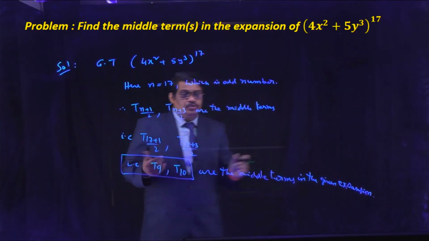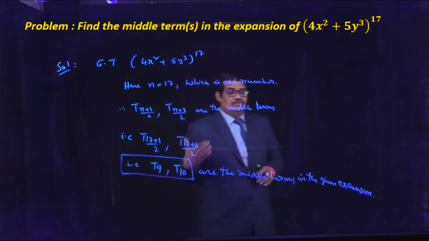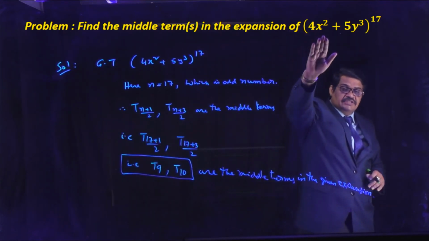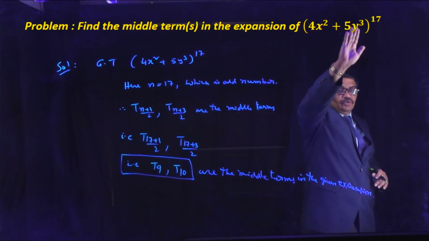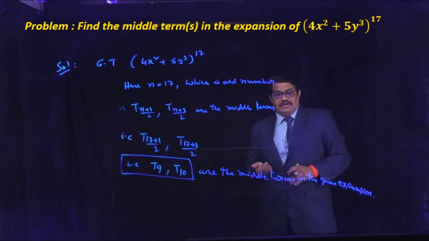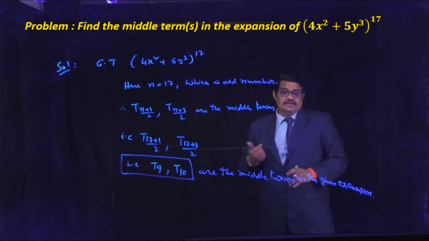So in the expansion of (4x² + 5y³) to the power of 17, there are two middle terms: the ninth term and the tenth term. Okay.